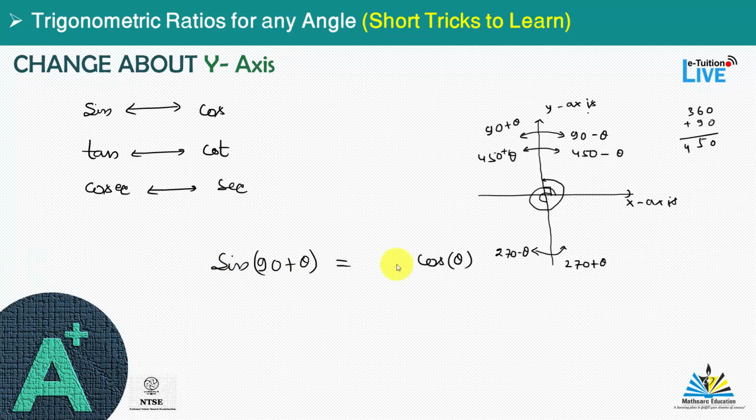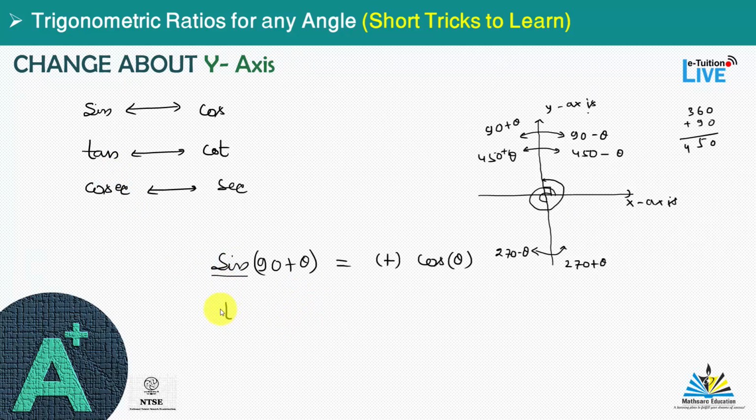Then sine will change into cos theta. And sine is positive in the second quadrant. 90 plus theta is in the second quadrant, hence in the second quadrant sine is positive, so we need to apply a positive sign here. So sine of 90 plus theta is equal to cos theta is the formula.